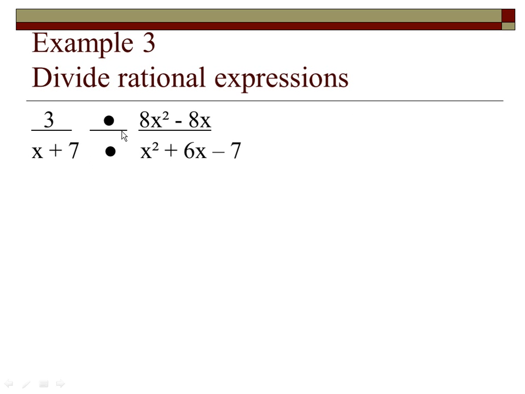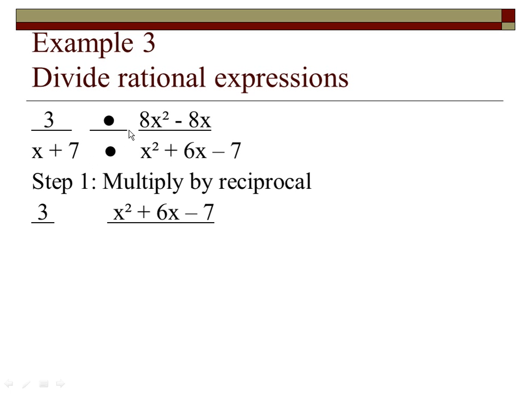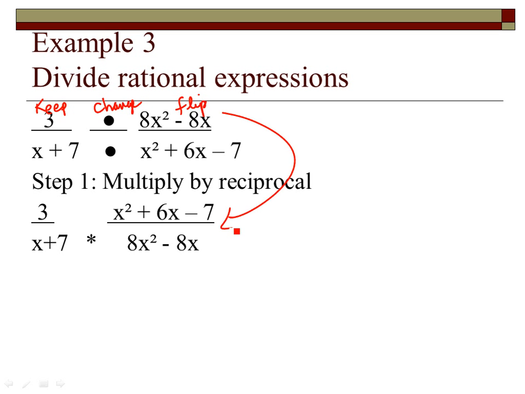We are going to keep, change, flip. So notice that we keep the first fraction the same. We change this division symbol to a multiplication symbol, and we're going to flip this. And notice when we flipped, the denominator is now in the numerator and the numerator is now in the denominator.